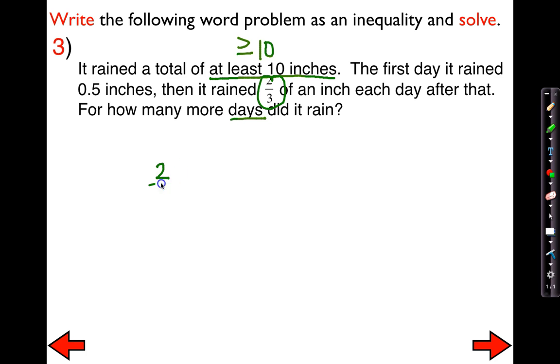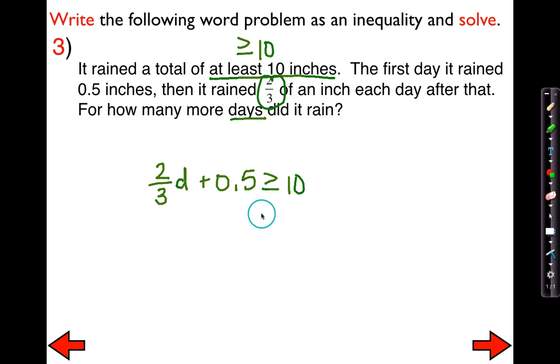So it's going to be 2/3 for every day. So I'm going to multiply that by D for days. Now again, you can use X, but I'm picking D so it can represent days. Now, it has to also include the amount it rained the first day, which is the 1/2 inch. So I'm going to add that. So this is going to be greater than or equal to 10. So this here is my inequality.